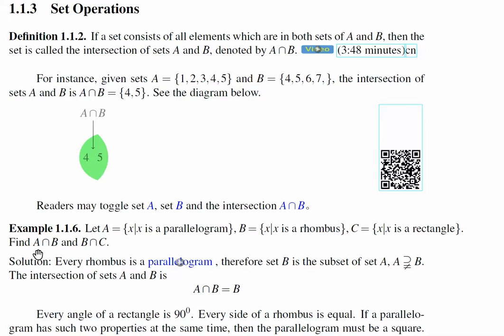So we want to find out the intersection of A and B and the intersection of B and C. First of all, we need to understand the meaning of parallelogram, rhombus, and rectangle. If you forget the definition, you may click on this blue parallelogram.